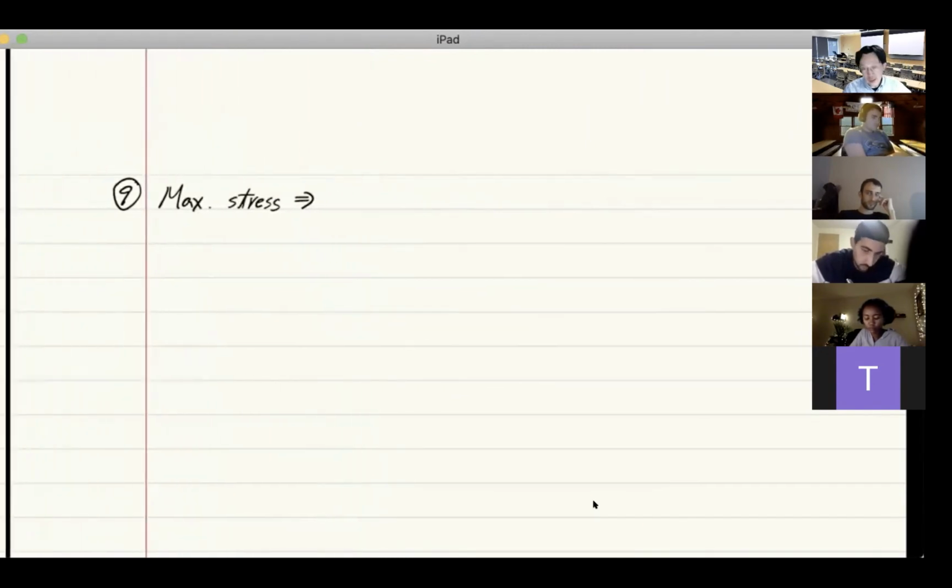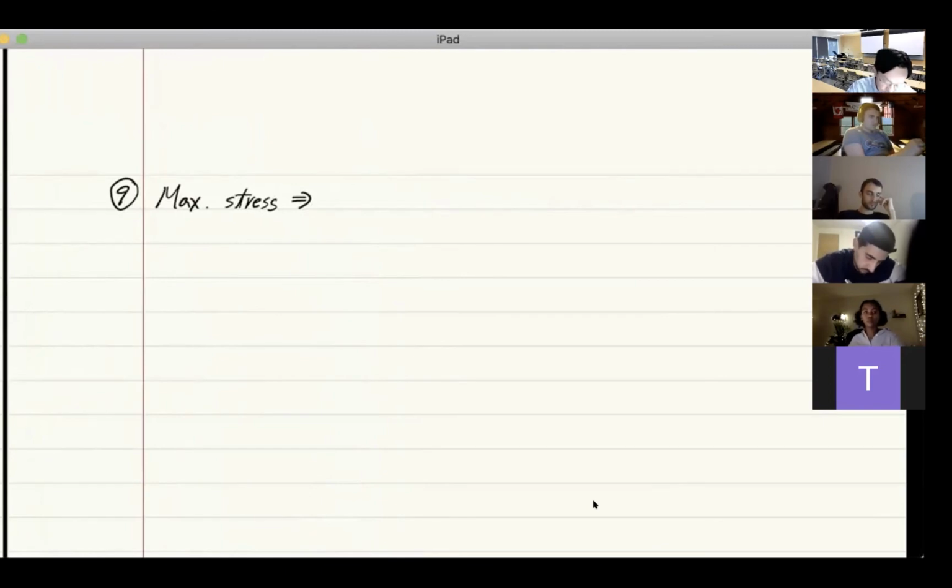Stress, as we know, we're going to use sigma. That means we are looking for sigma maximum, like this. And in the column cross section, the maximum stress usually equals to this.